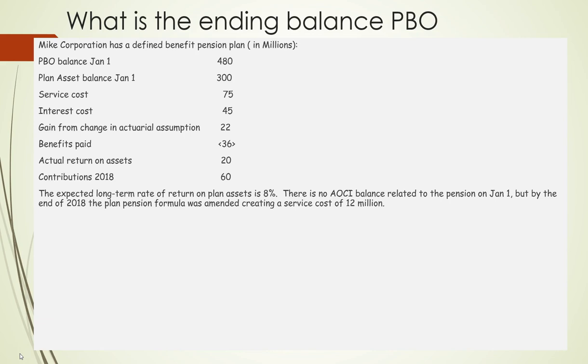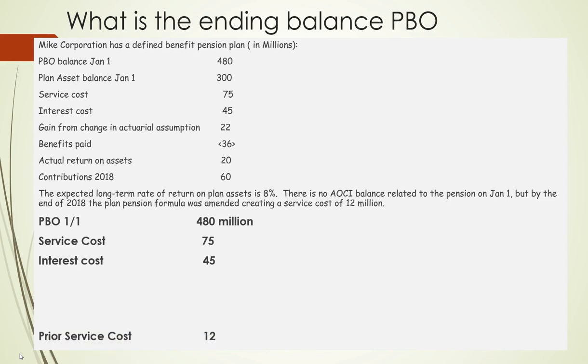So now let's take a look at our problem. Now we know the PBO started with a balance of $480 million. The service cost which they provide is $75 million. The interest cost, which they show on the plan, is $45 million. The prior service cost is $12 million. They tell us that in the problem.